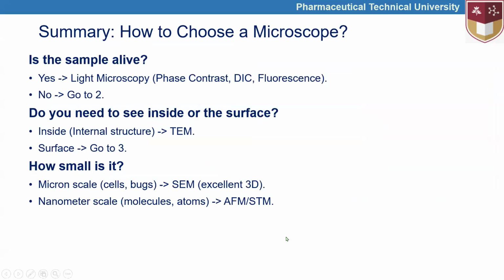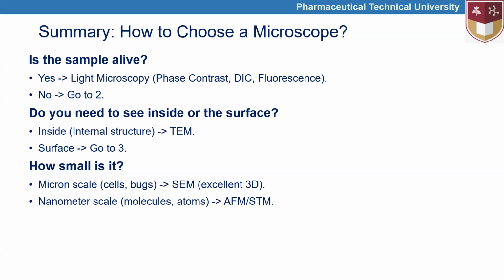Okay, next. This is the summary: how to choose a microscope. The first question is, is the sample alive? If the answer is yes, we can use light microscopy. We can enhance phase contrast, we can use DIC, we can use fluorescence.